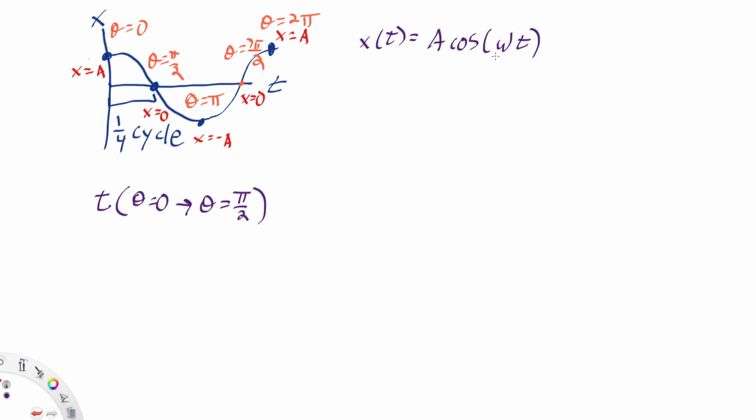Well, our theta is just the argument of our cosine function here. So if we want this entire argument to go from 0 to pi over 2, then that implies our time has gone from 0 to pi over 2 omega.